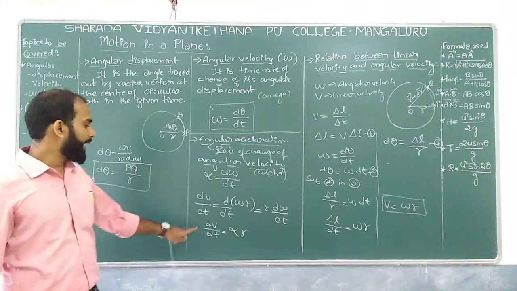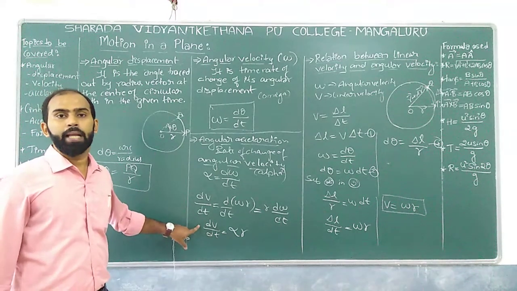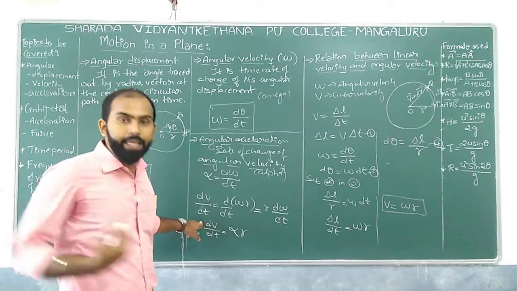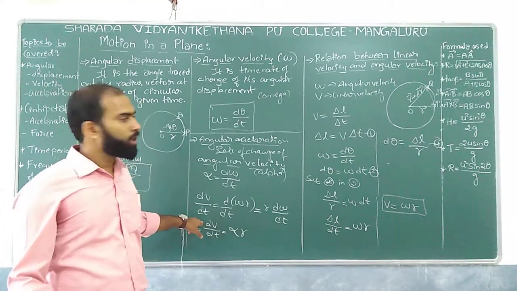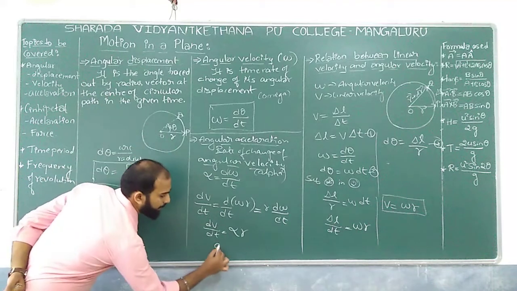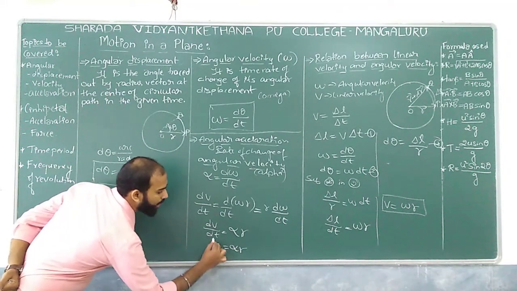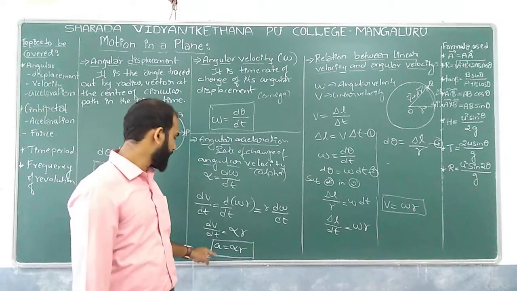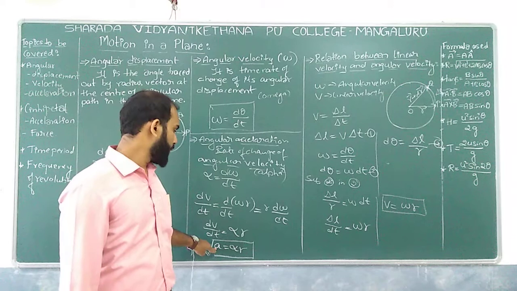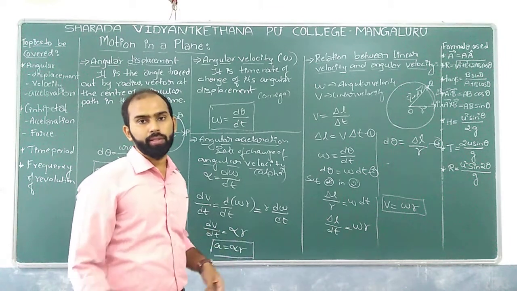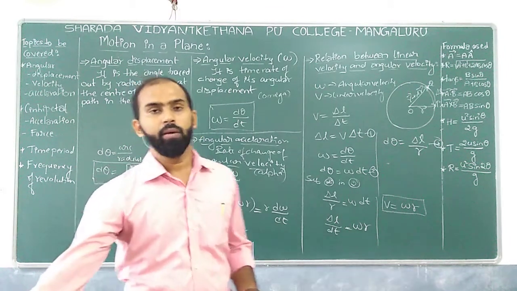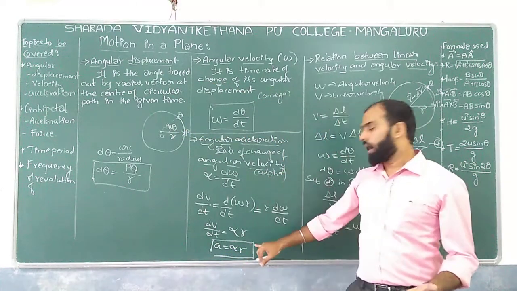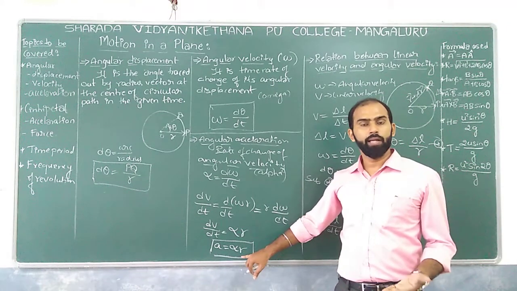Now, the rate of change of linear velocity is nothing but acceleration. So that's why we have A equal to alpha into R. This is the basic relation under this particular concept, that is A equals alpha into R, where A is the acceleration, alpha is the angular acceleration, and R is the radius.